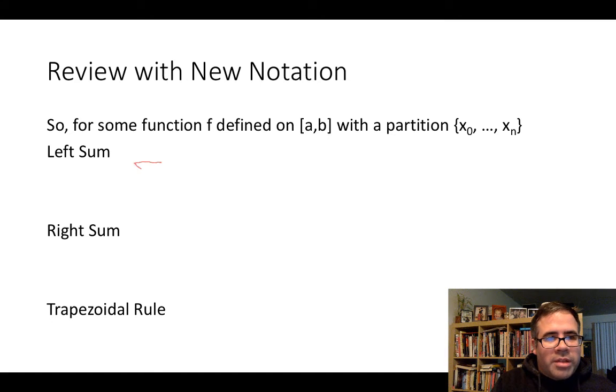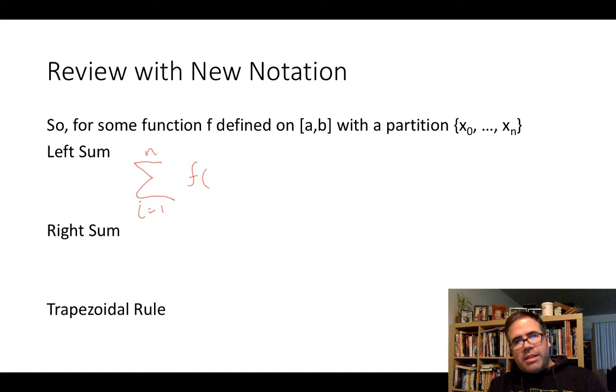Well, we are summing from i equals 1 to n of our function f applied to the left-hand side of the subintervals, which is always going to be the smaller of the two. So if we wanted the subinterval corresponding with delta x1, we're going to plug into the function x sub 0.